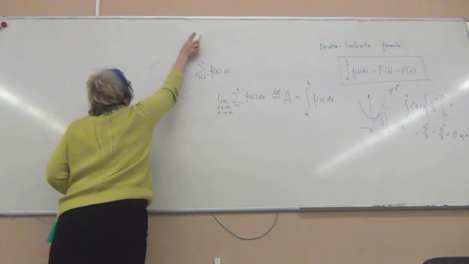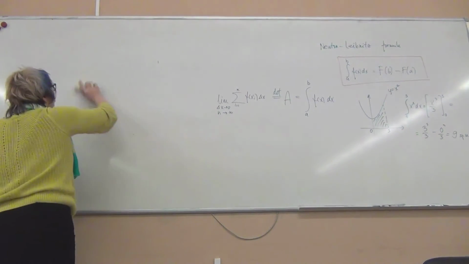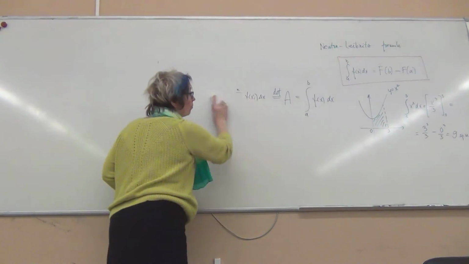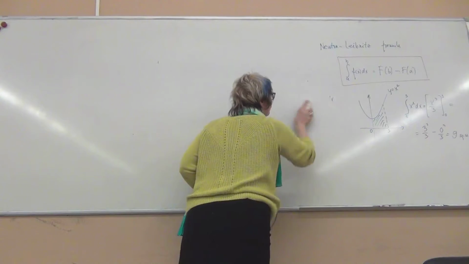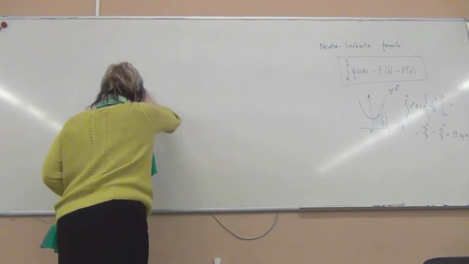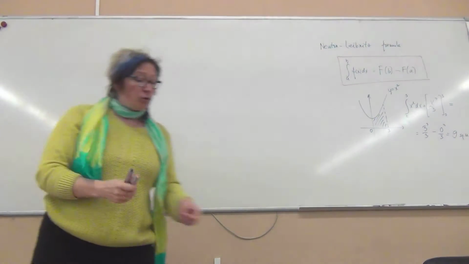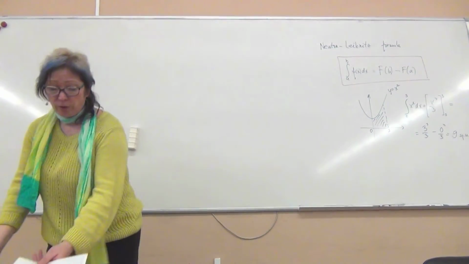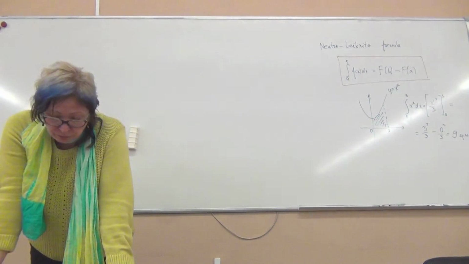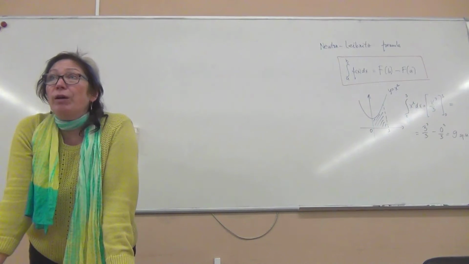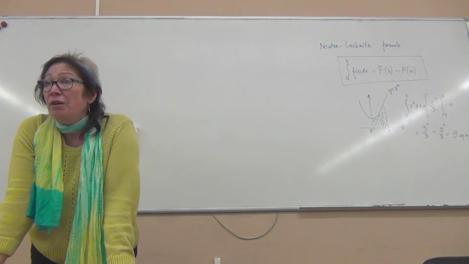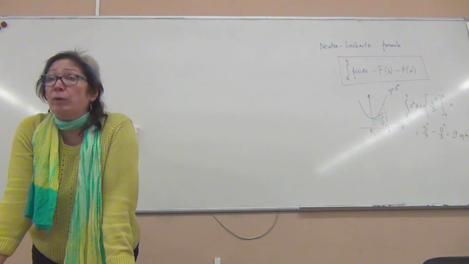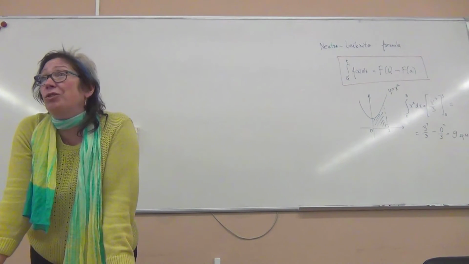We have some rules, as you see on your handout papers, some laws or properties of the definite integral. It's called definite integral because it has definite values. The indefinite integral has no specific values, it's simply a set of functions.